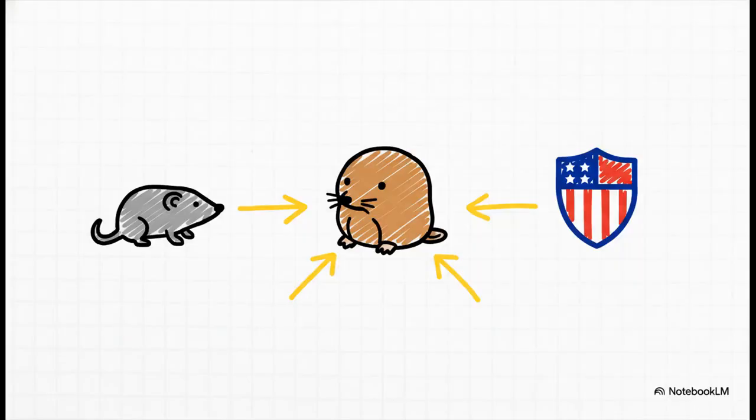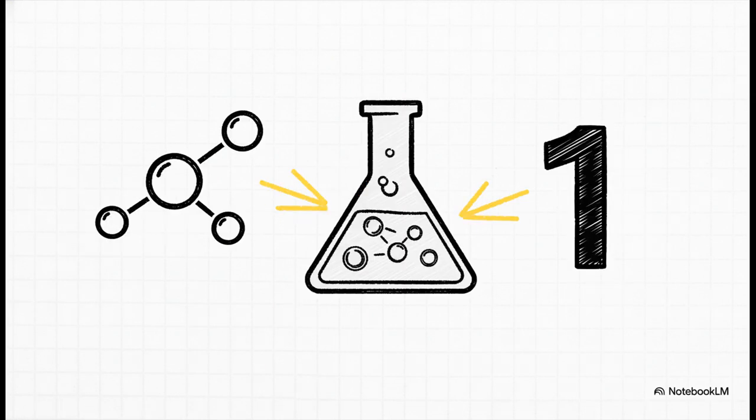All right, take the phrase American shrew mole. Here the word mole obviously means a small burrowing animal, right? The attention mechanism figures this out because the query for mole gets a super high relevance score from the keys attached to American and shrew. It pays attention to its neighbors. But what about in the phrase 1 mole of carbon dioxide? Now the exact same word, mole, means something completely different.